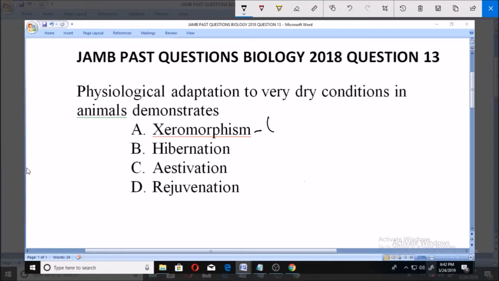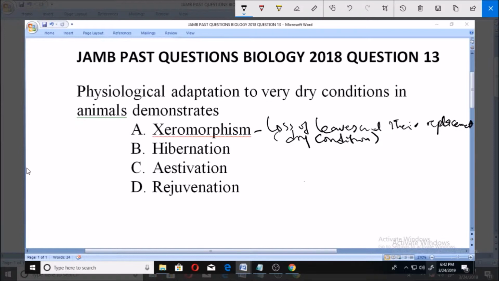So this has to do with loss of leaves. It is actually associated mostly with plants, though it is also done mostly during dry conditions.